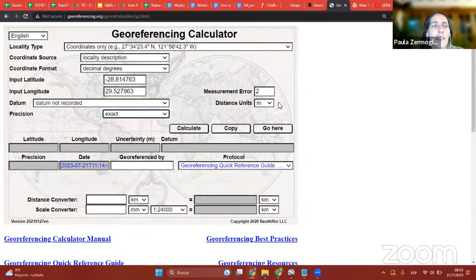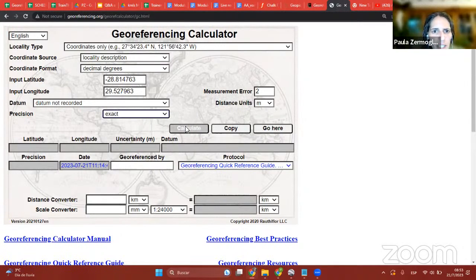Remember that measurement error is my own error when I measure. In this case, I'm going to set it to 2 meters, but as we were saying before in previous classes, you should calibrate that measure with your own error. But I'm going to leave it at 2 for this example.